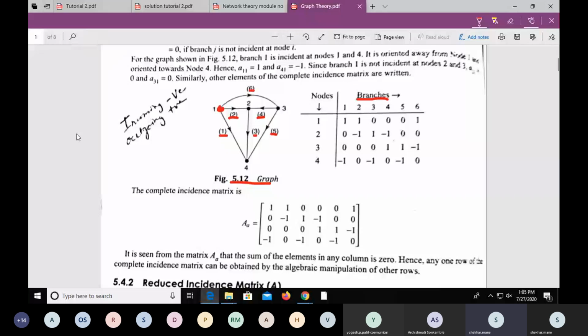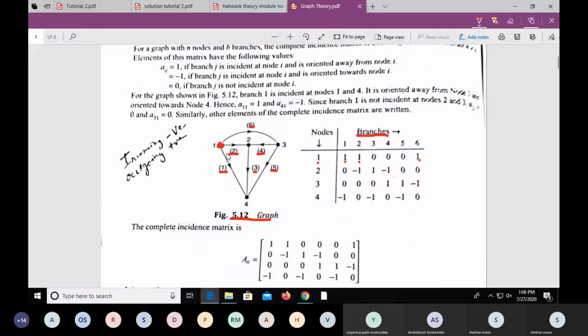So in such a case you have to write +1. That's why for branch 1, branch 2 and branch 6 for this particular node 1 we have written 1. Whenever the direction is going away from the node, you have to write 1. And branch 3, 4, 5 are not connected to node 1. That's why it is written 0.